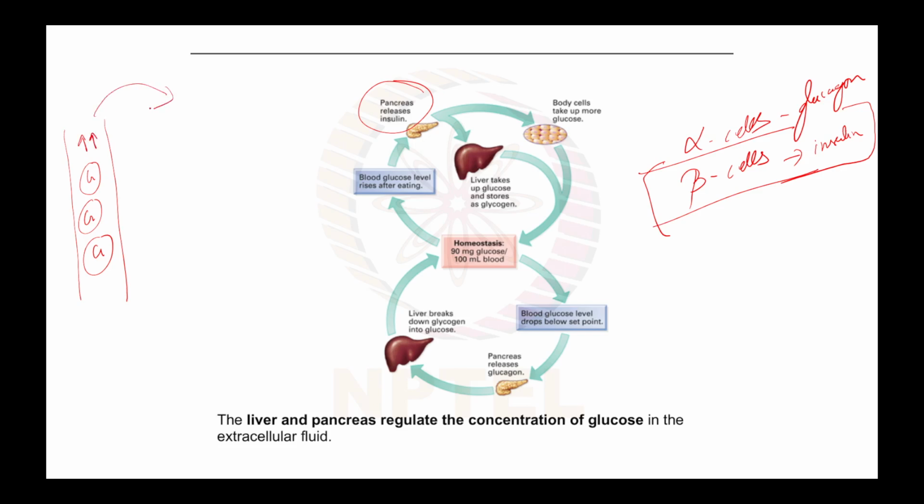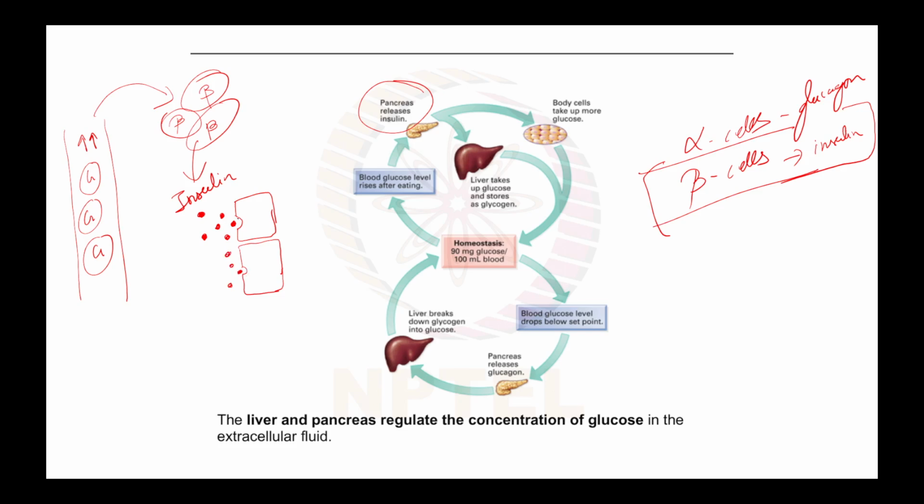The signal goes to the pancreas, and we have these beta cells which release insulin. This insulin has receptors on different cells of the body, for example in the liver cells and in muscle cells. So the insulin has a receptor over those cells, the insulin receptor.